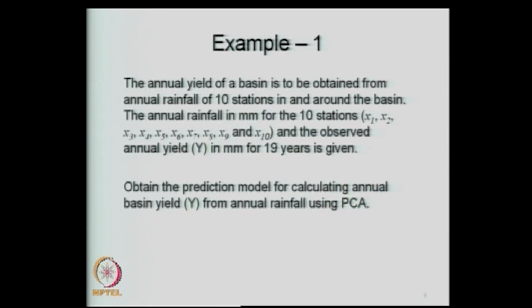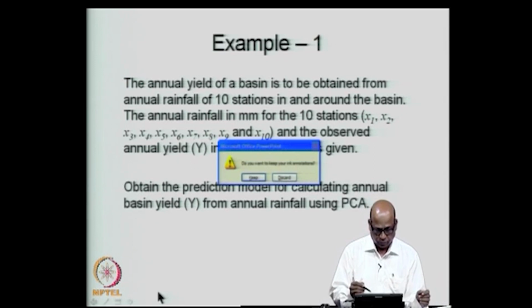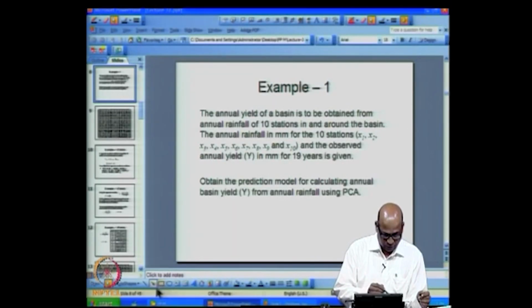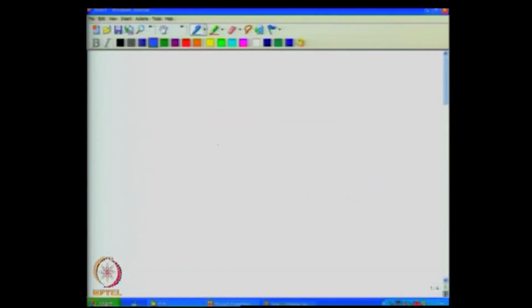So, let us look at an example now. Here what we are doing is that let us say we have a basin where, let us say this is a basin, and then you have the runoff values available here.